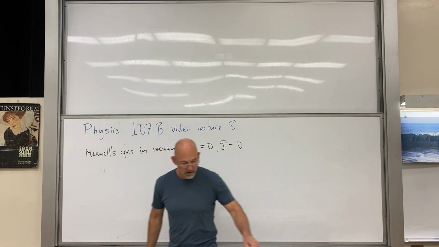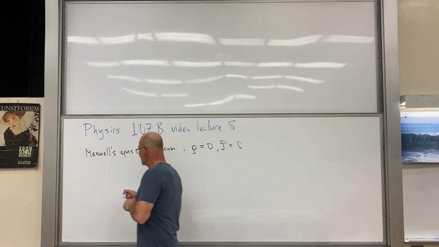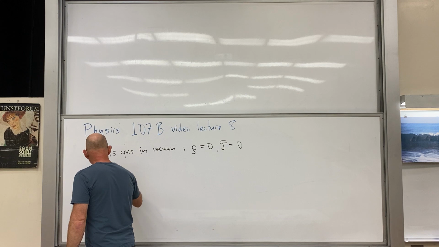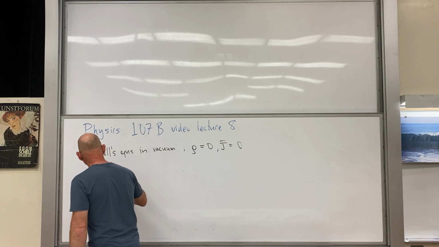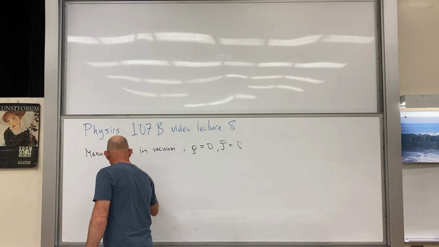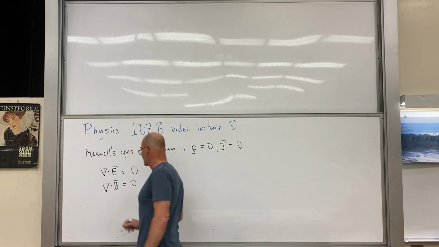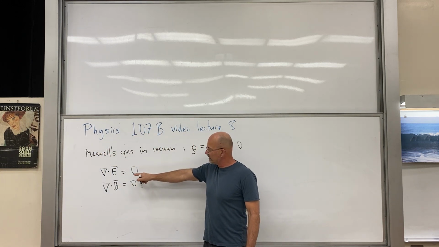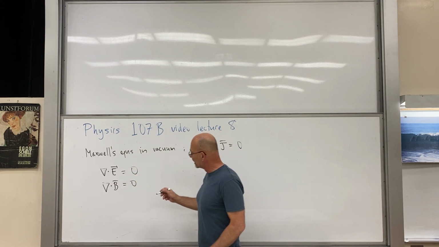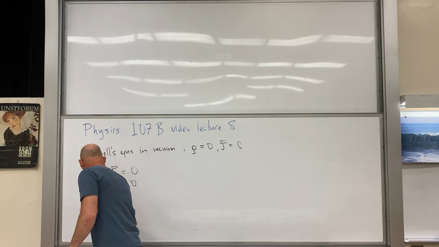We now have both the divergence of the electric field and the magnetic field vanishing, right? This one we always have. This is usually equal to rho, okay? So far so good. Then we have the curl of the electric and the curl of the magnetic fields.